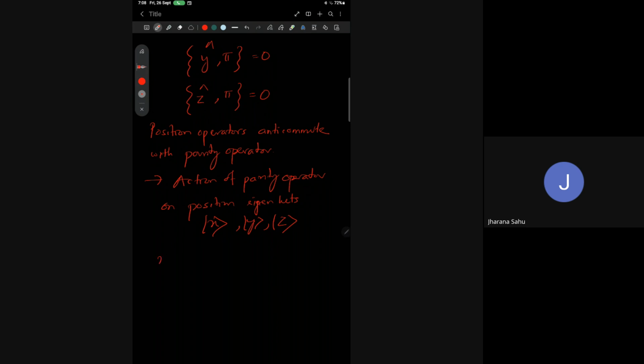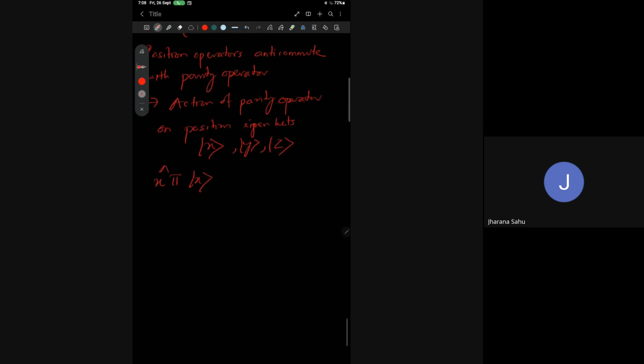Let us see x pi operating on the ket x. From the anti-commutator, we can write this is equal to minus pi x operating on the ket x.